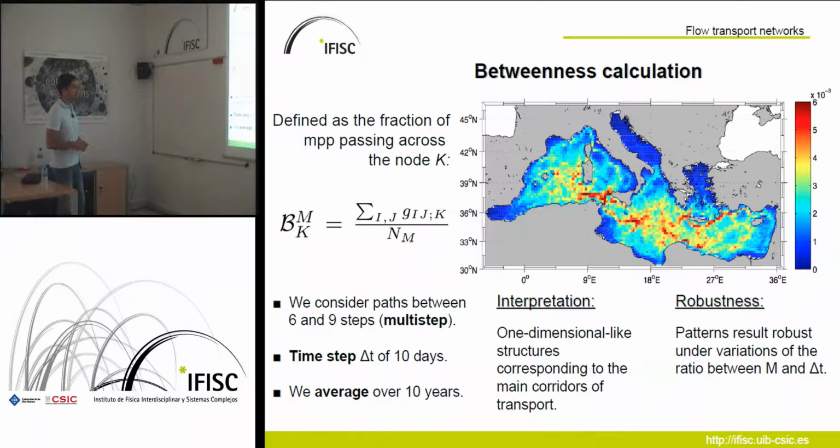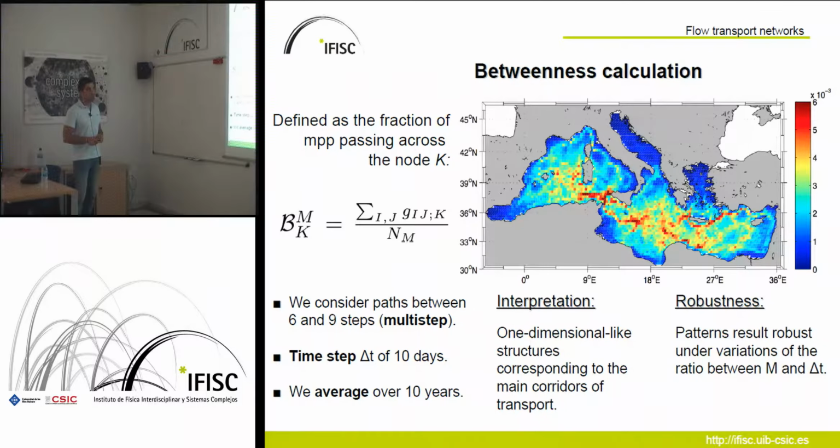And this is what we get. This is the average over 10 years of the betweenness, considering paths of between 6 and 9 steps with a step duration of 10 days, so between 2 and 3 months.